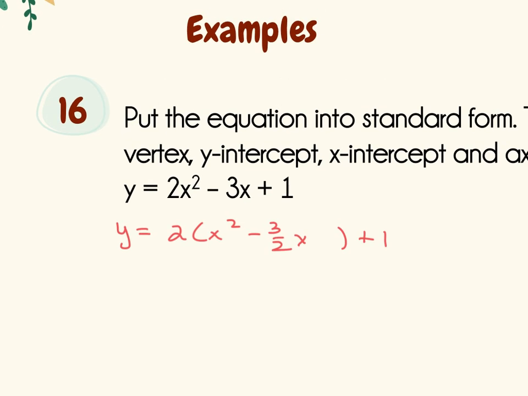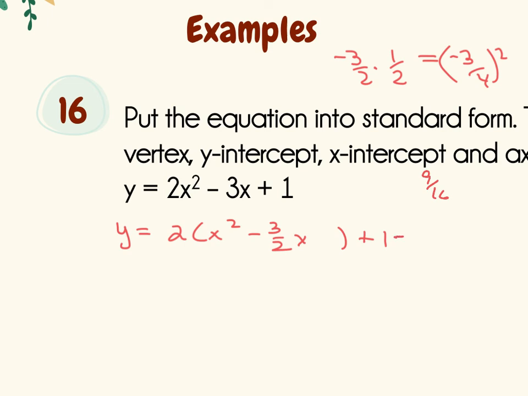I'm now going to take that b term and divide it by 2. Remember, dividing by 2 is the same thing as multiplying by a half. So this gives me negative 3/4. I need to square that, and what I'm going to be adding is 9 over 64.